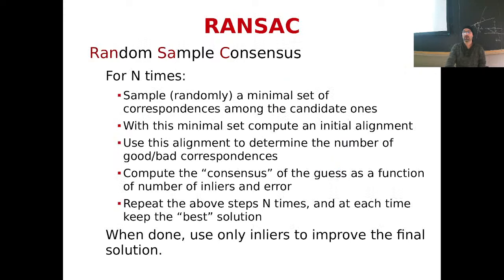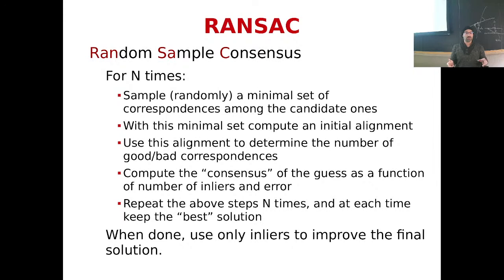Clear? Now, here comes the concept of RANSAC, which is, if you don't know it, try it multiple times and pick the best. So the idea is that with RANSAC, you repeat this process n times. How much is n? We will see it in 2 slides. But you repeat this process in this line. It's random. Your input is a set of correspondences, of which many of them are wrong.